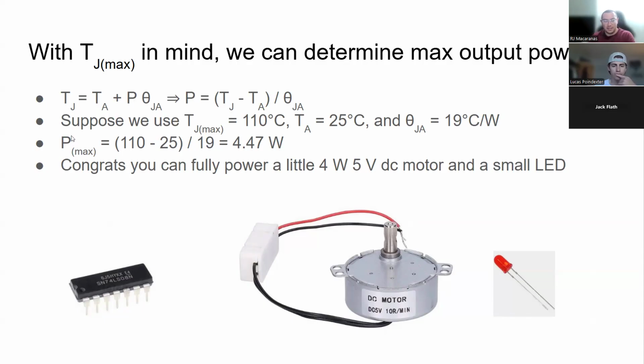And so in this case, with a junction maximum temperature of 110 C, ambient of 25 C, and our junction to ambient thermal resistance that was directly from the data sheet, we can find this maximum power, and in this case, it's 4.47 watts. And you can power a little fan and an LED with that, and maybe even a little integrated circuit, right? So these are some things you can do with 4 watts, realistically.